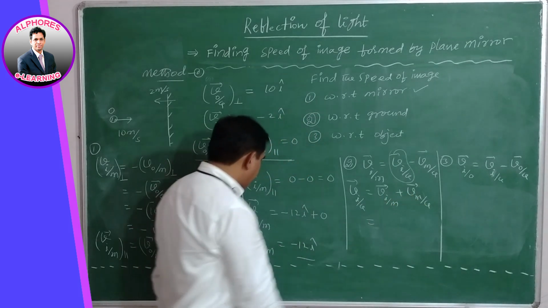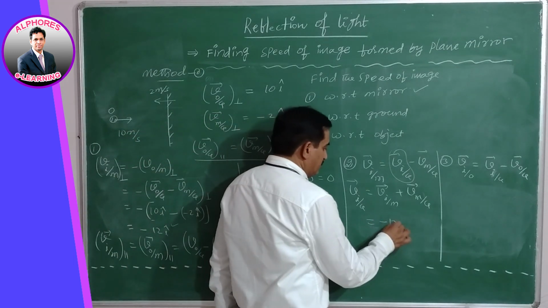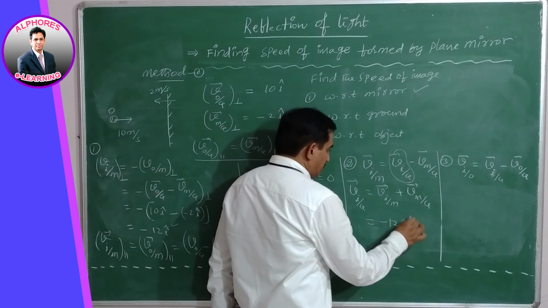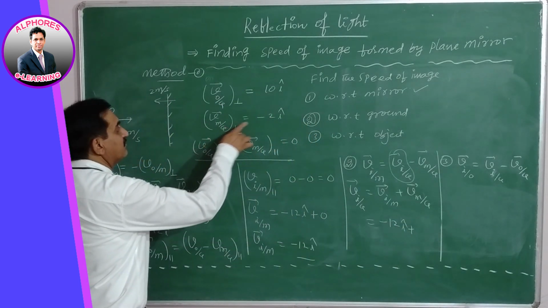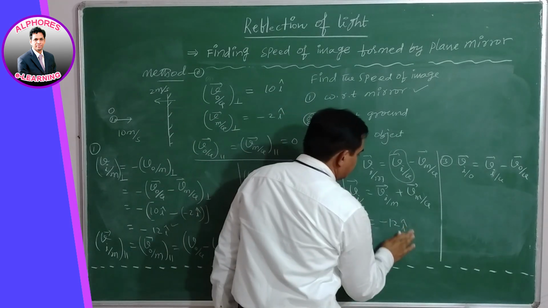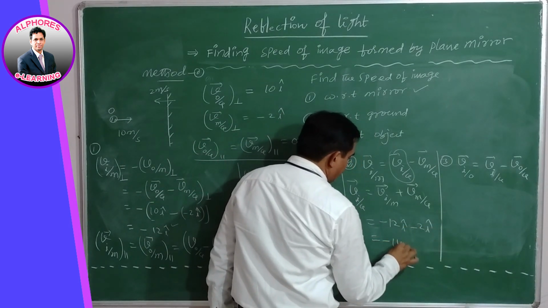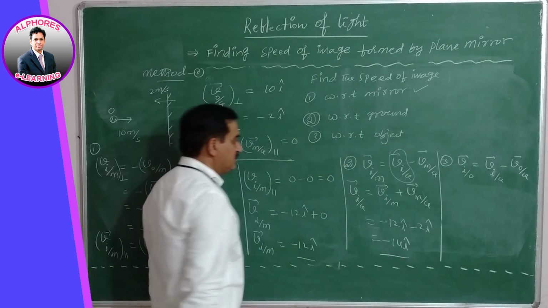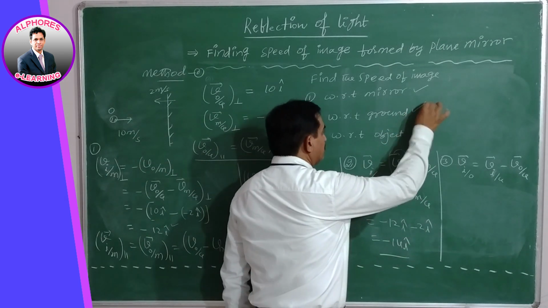Image with mirror is minus 12i, plus mirror with ground, minus 2i. Putting minus 2i here leads to minus 14i. So this is the image speed with respect to ground.